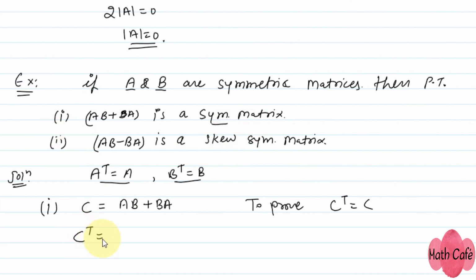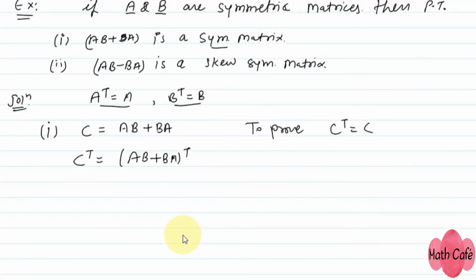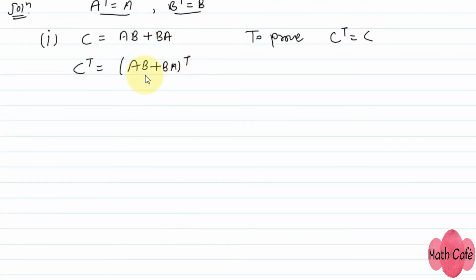If we obtain C transpose, that will become AB plus BA whole transpose. I will just put transpose on both of the terms, so that will become AB transpose plus BA transpose. AB transpose is nothing but B transpose multiplied by A transpose, plus A transpose multiplied by B transpose.